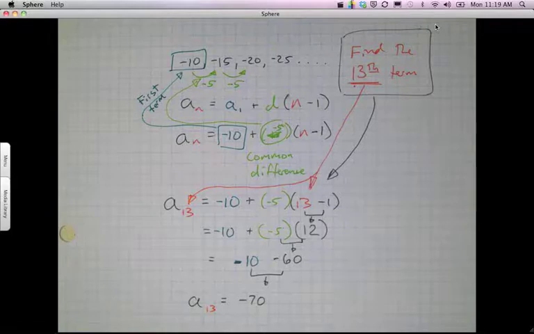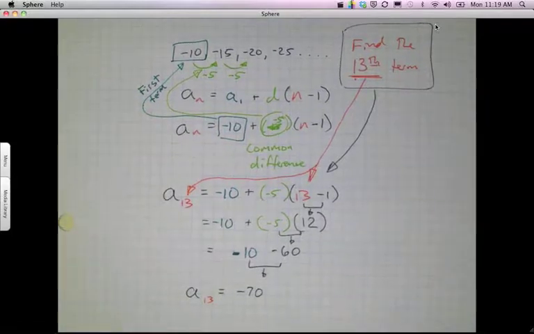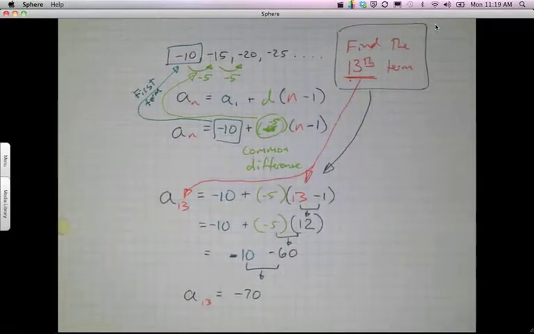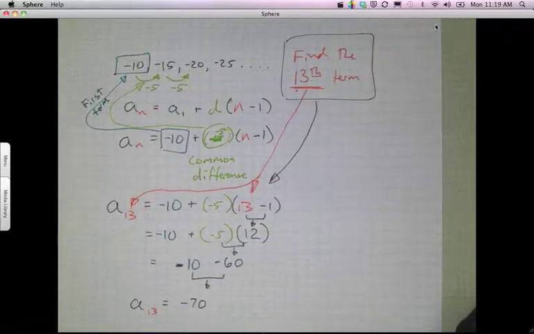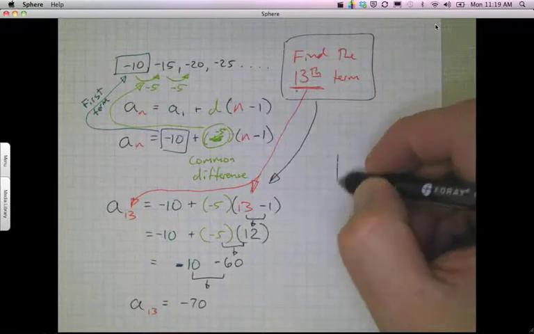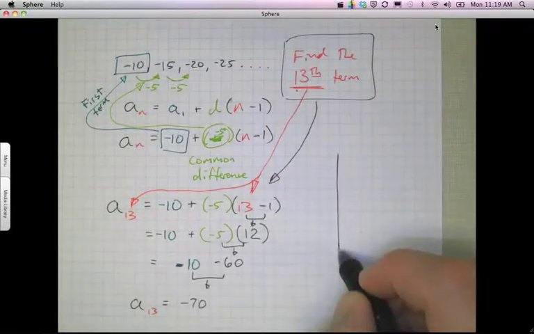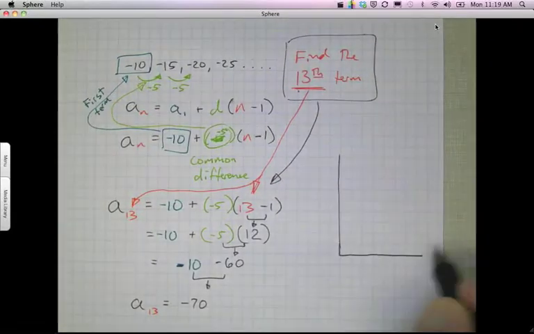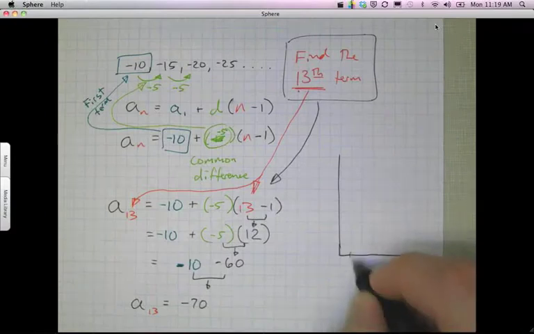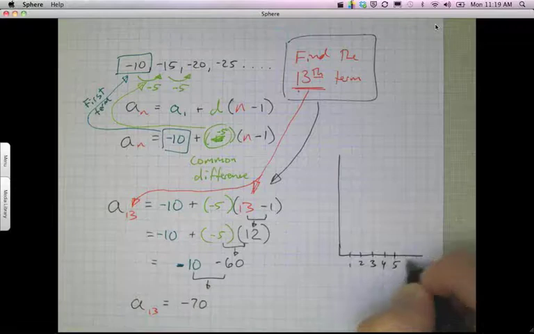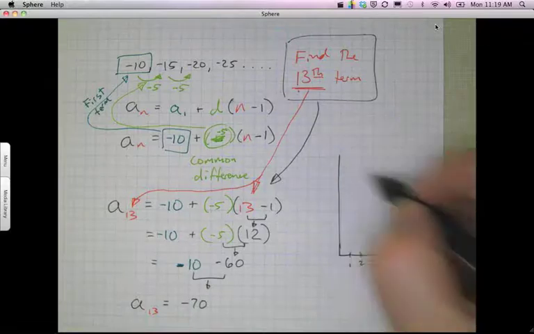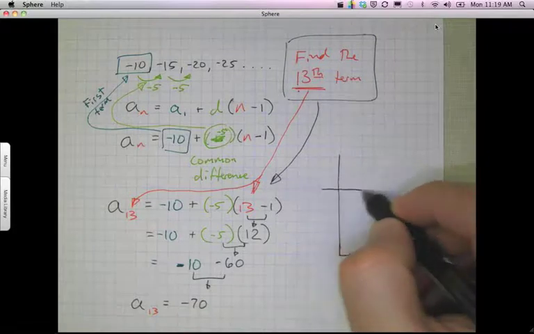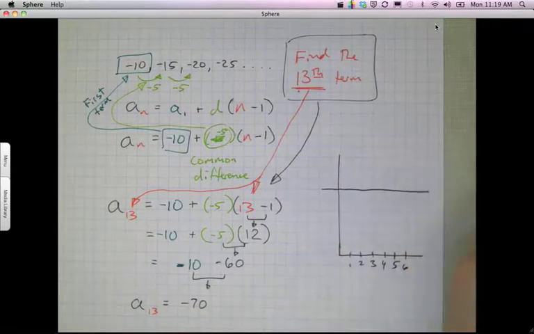Now, I'm going to turn this into a graph and show you the last step. I'm going to have to sketch this off to the side because I'm running out of room here. If I was to use this exact same process to make a graph, I would start here, put my first term, second, third, fourth, fifth, sixth. We'll just go up to 6. I'm going to make the graph of my axis.